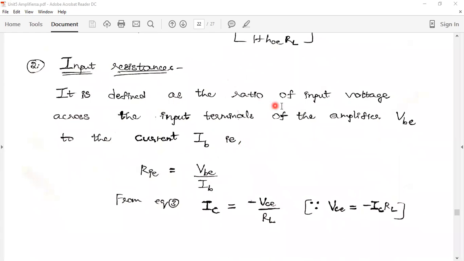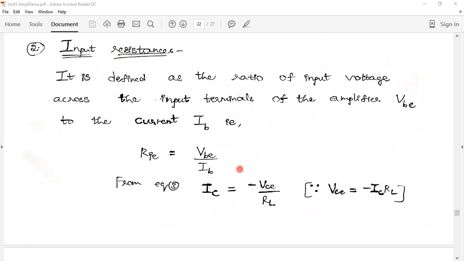Input resistance is defined as the ratio of input voltage across the input terminals of the amplifier to the input current IB, given by Ri is equal to VBE by IB. Taking input voltage by current, across the base the voltage is VBE and the current is IB.